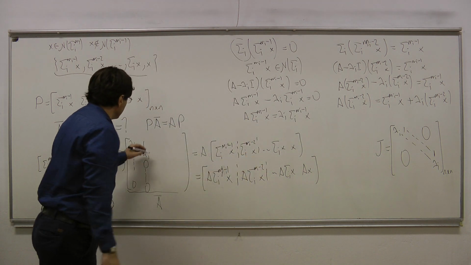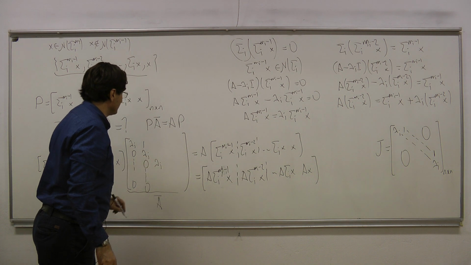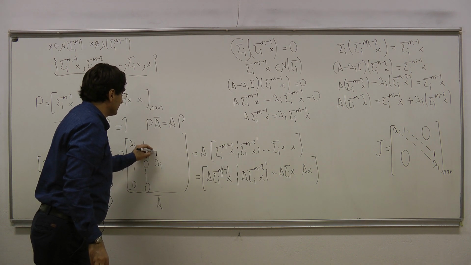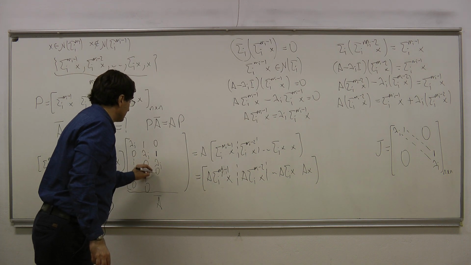So if you fill the third column here, you would get lambda I times the column itself plus 1 times the previous column and zeros everywhere else.